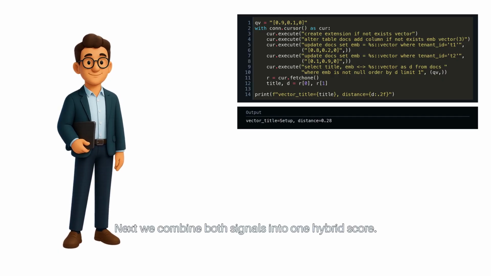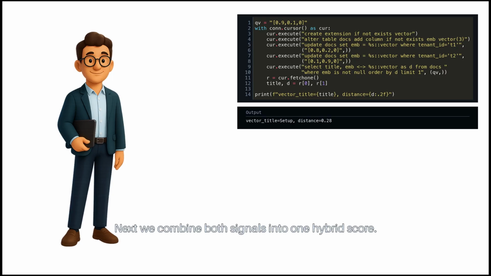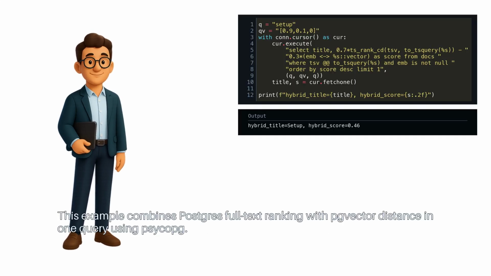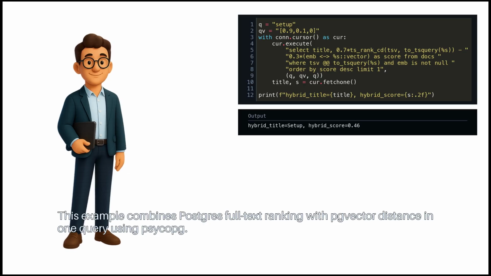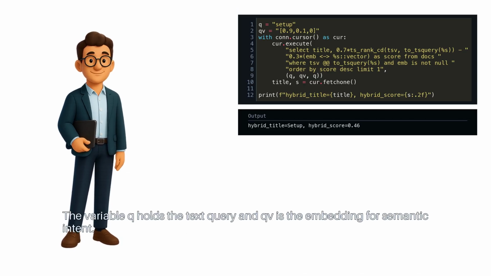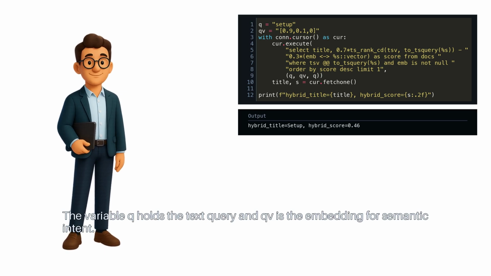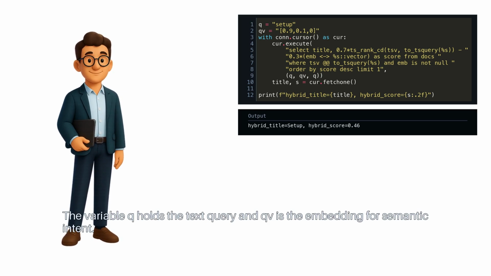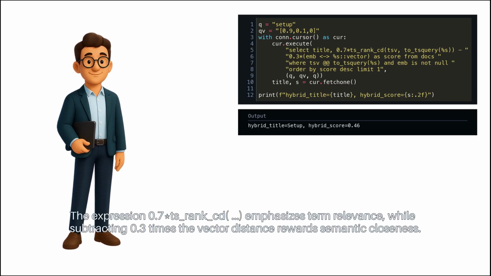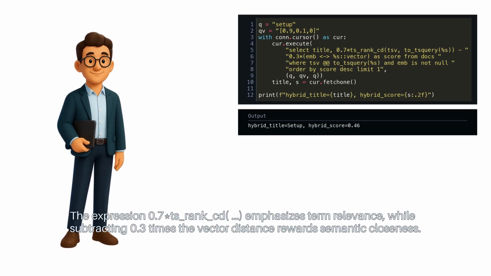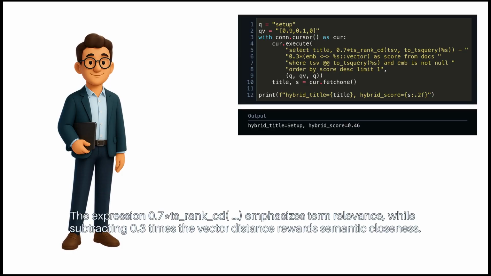Next, we combine both signals into one hybrid score. This example combines Postgres full-text ranking with pgvector distance in one query using psycopg. The variable q holds the text query, and qv is the embedding for semantic intent. The expression 0.7 times ts_rank highlights term relevance, while subtracting 0.3 times the vector distance rewards semantic closeness.